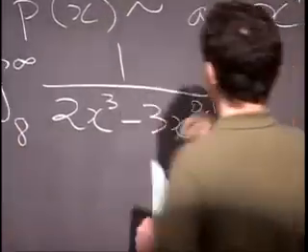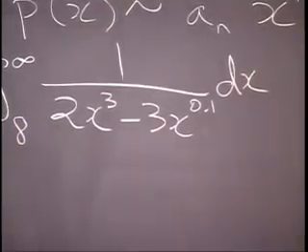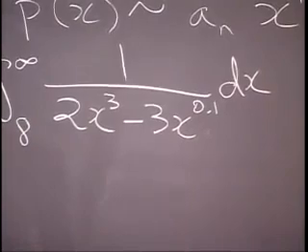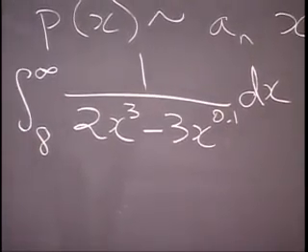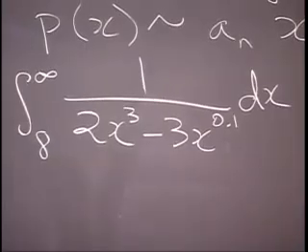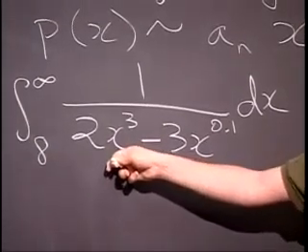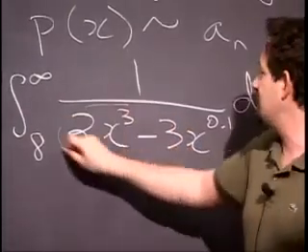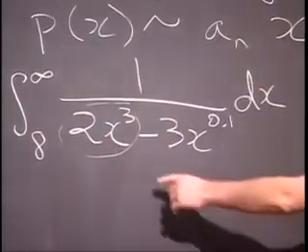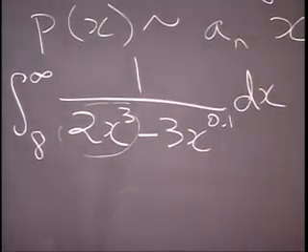Now, actually, the denominator is not even a polynomial. It's a polytype function. You see, this power of 0.1 was supposed to be an integer, but it's not. Doesn't matter. x to the 3 is still a higher power than x to the point 1. So this should dominate. The only question is, do we think that there are any problem spots other than infinity?